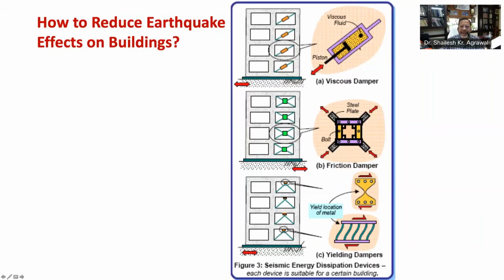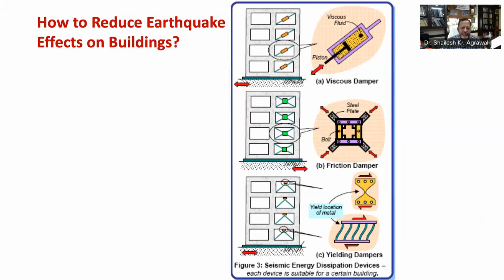These dampers act like hydraulic shock absorbers in cars, where much of the sudden jerks are absorbed in the hydraulic fluids and only little is transmitted above the chassis of the car.